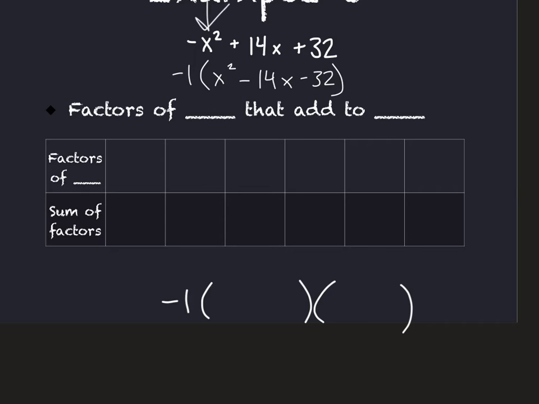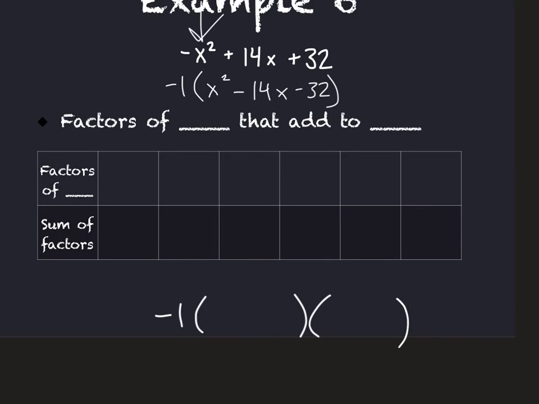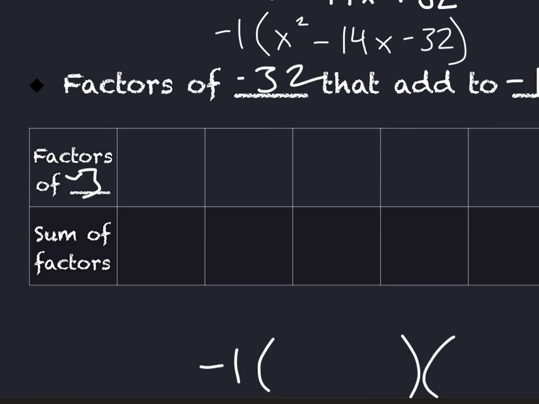So we need factors of what that add to what? Factors of negative 32 that equal negative 14. So what are two numbers that multiply and give us negative 32? 2 and 16.